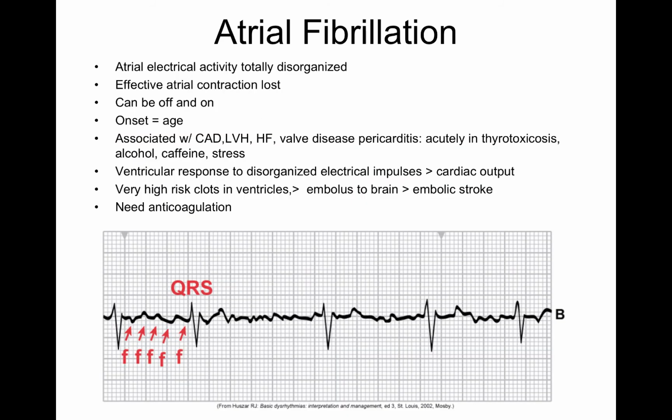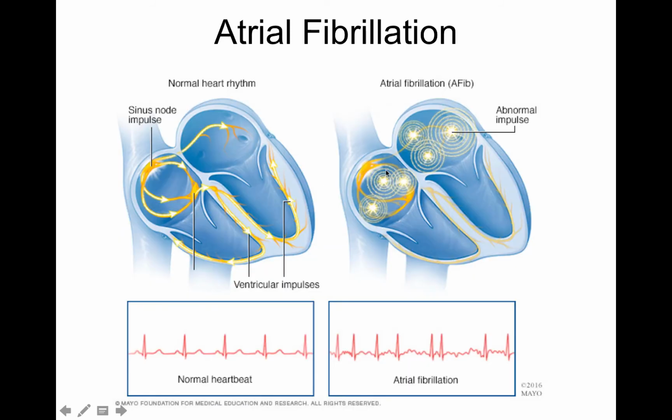Anytime someone has atrial fibrillation, it's going to look like a lot of P waves, okay? The QRS complexes are going to be normal, but you're going to see a lot of P waves. What these P waves are related to is the pathophysiology, where there are different impulses within the heart coming from different areas.